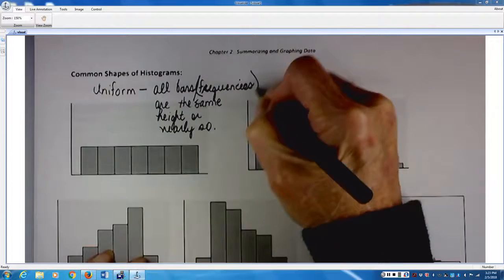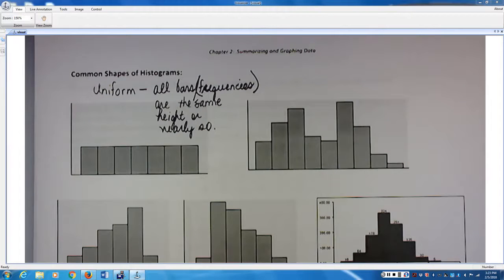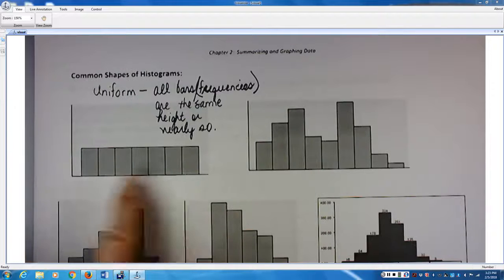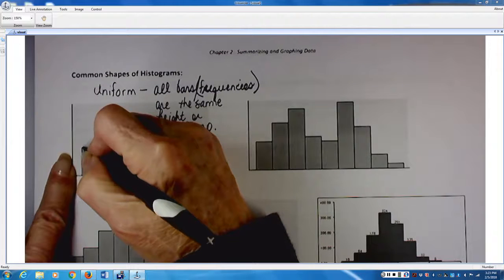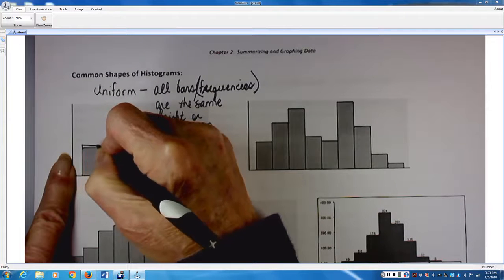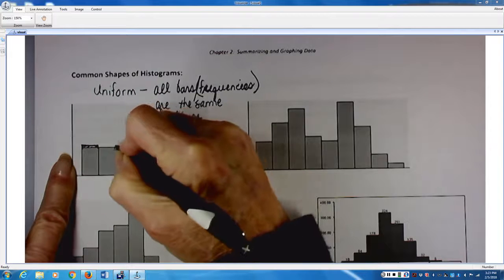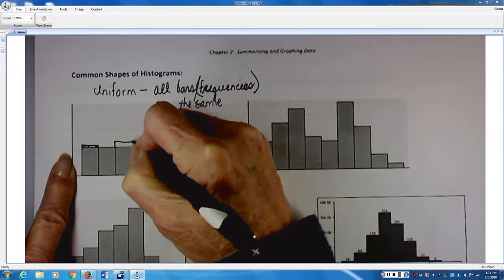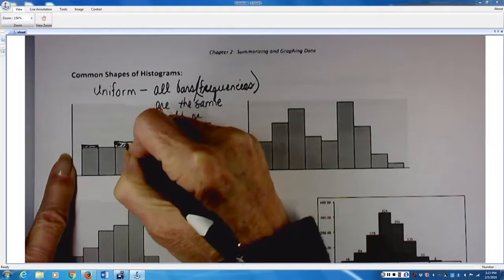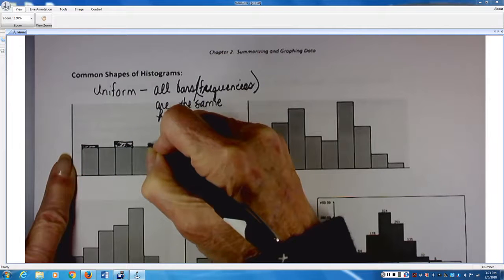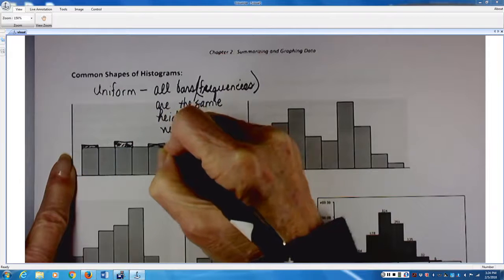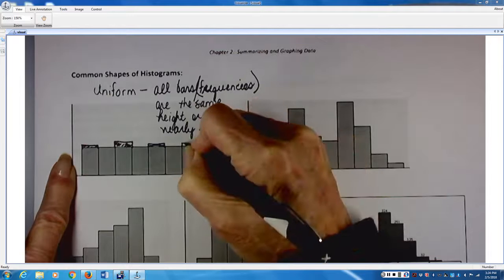Your bars are representing your frequencies. So in a uniform distribution, all your bars are about the same height, or nearly so. That doesn't mean that this histogram wouldn't still be uniform if, for example, this bar was a little taller, and this one was a little taller, and this one, and maybe this one.